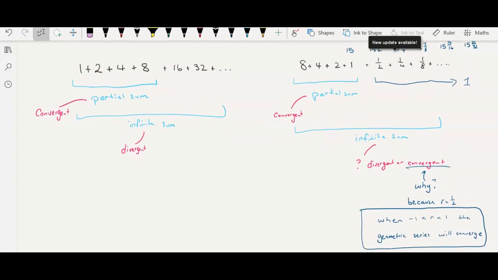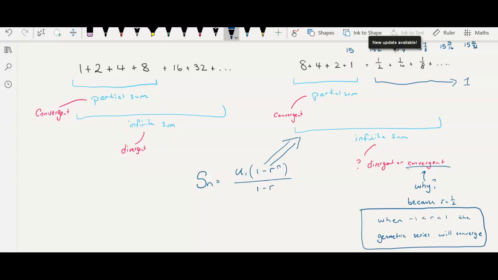So let's have a look at what is going on here using what we know about the sum to n terms. The sum to n terms of a geometric series is u1 times (1 minus r to the n) over 1 minus r. Let's think about this.